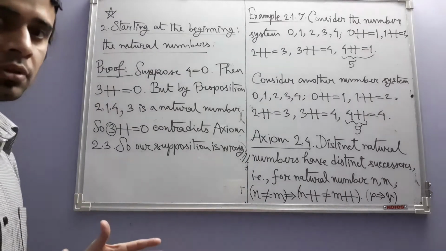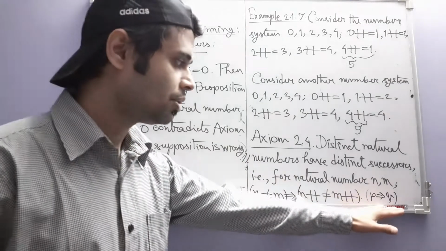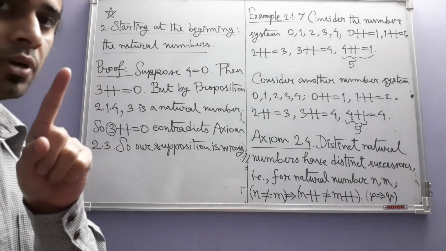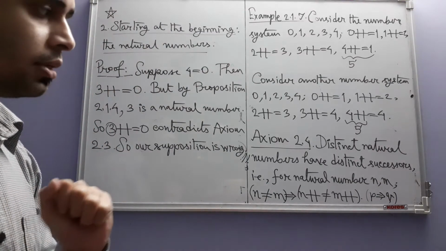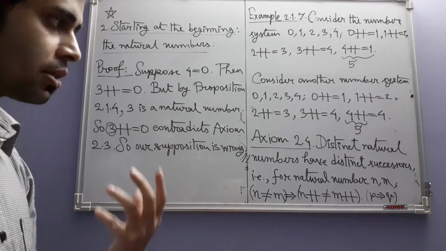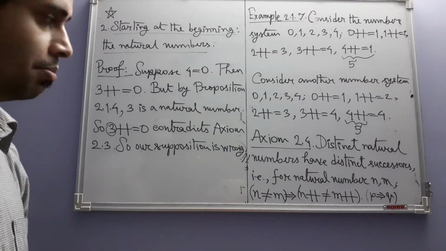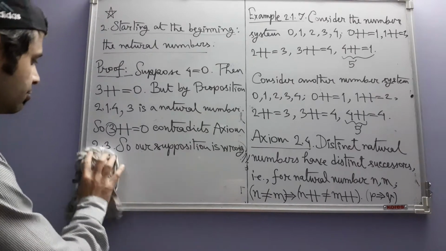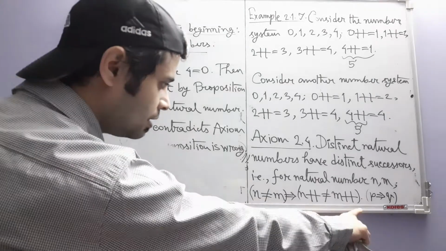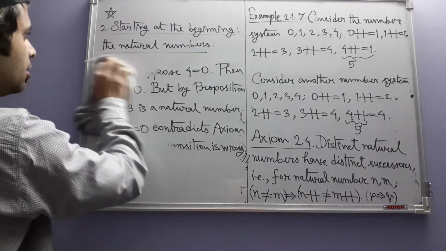And there we have come to know that an implication is logically equivalent to its contrapositive. An implication and its contrapositive are logically one and the same. So if we write the contrapositive of this implication, it will look like this.